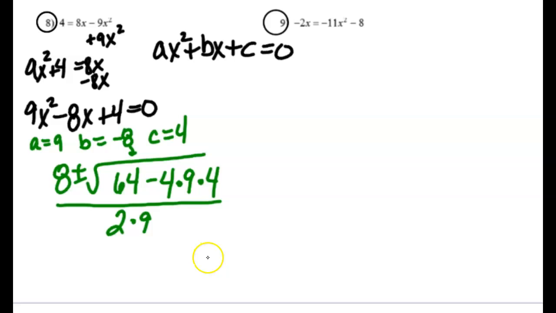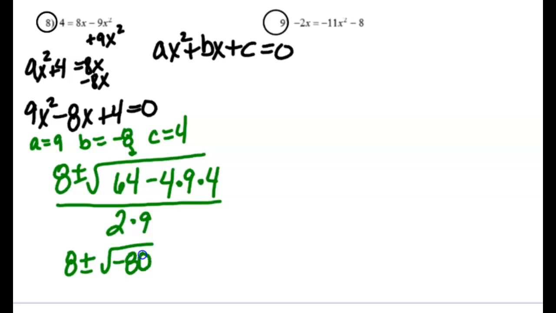Is this another one with an i? We get 8 plus or minus, I don't know what that is. 64 minus -80. Okay.